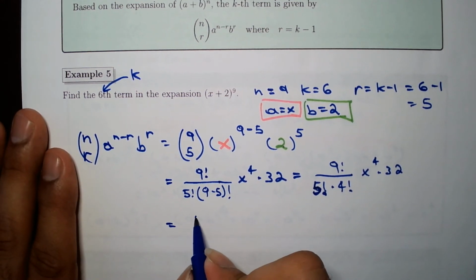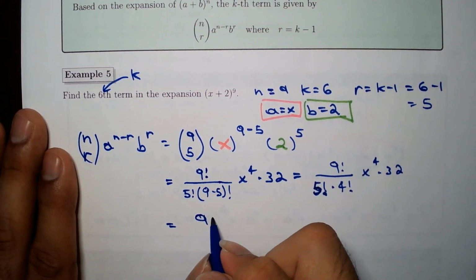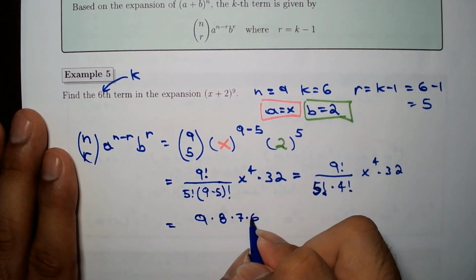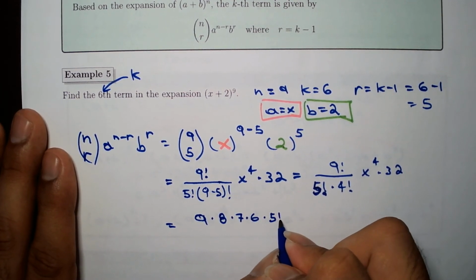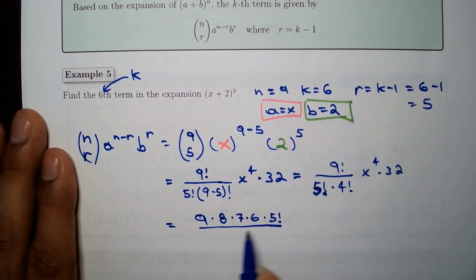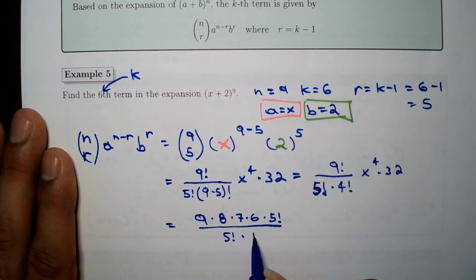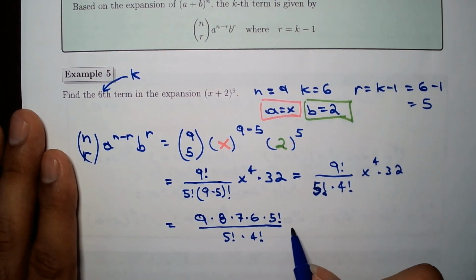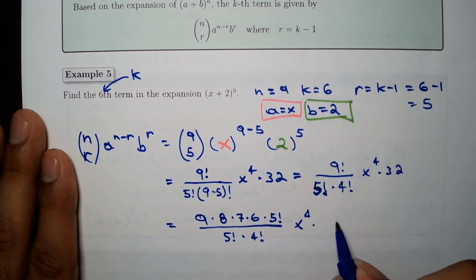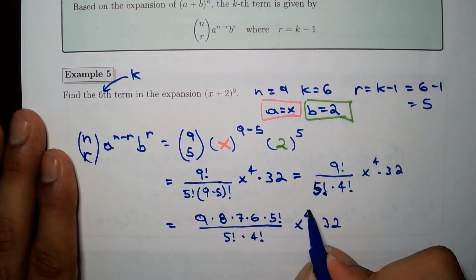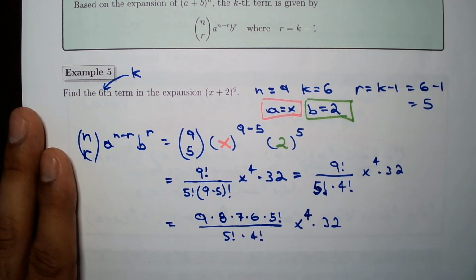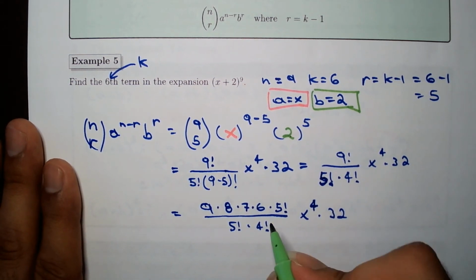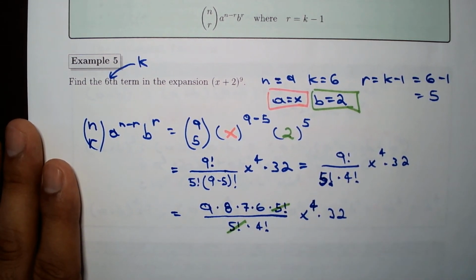So 9 times 8 times 7, I know this is going to be a little bit crazy, times 6 times 5 factorial. Stop there. 5 factorial, 4 factorial, that's x to the 4th power times 32. And then in this case, we can divide out these 5 factorials.